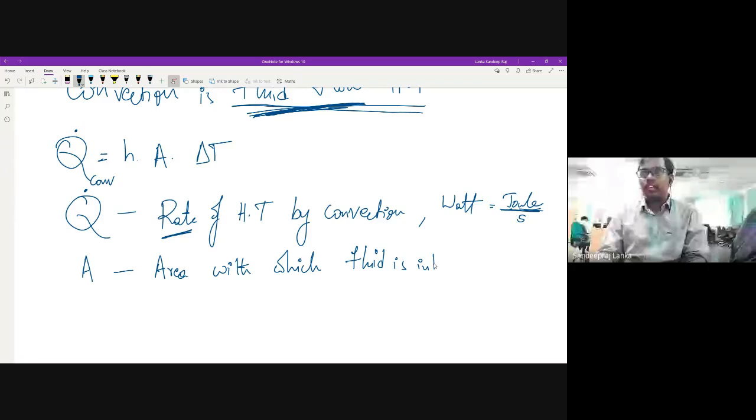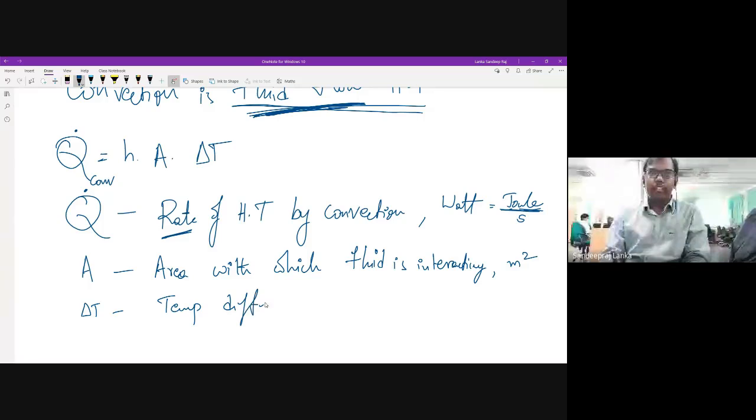Fluid is interacting. It is meter square. And the delta T. Delta T is the temperature difference between your solid and fluid.